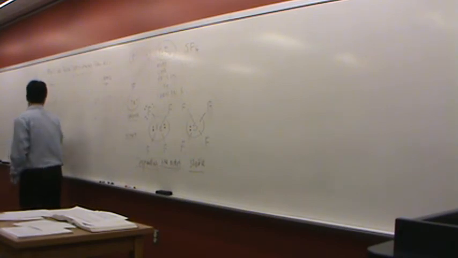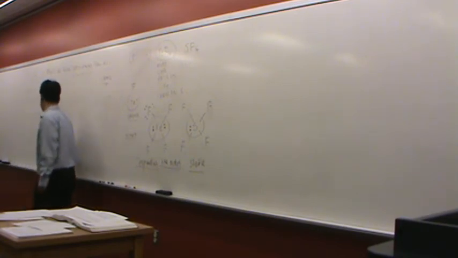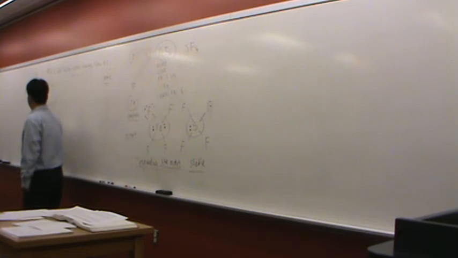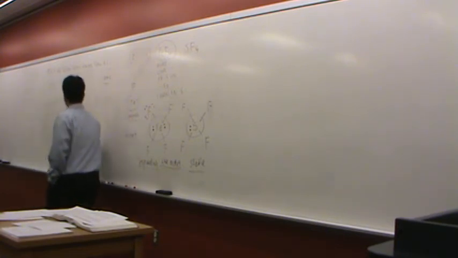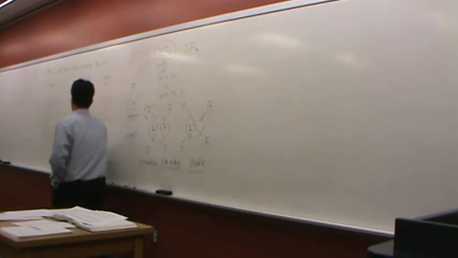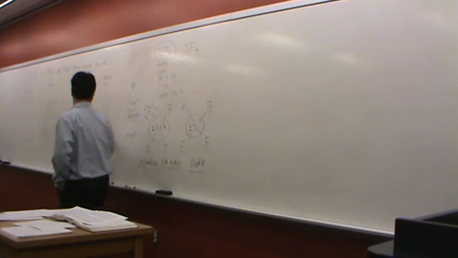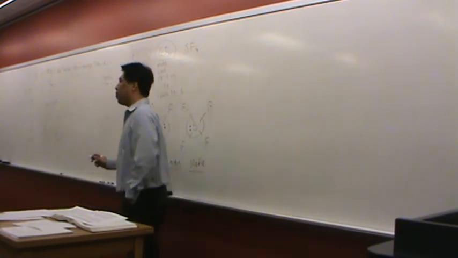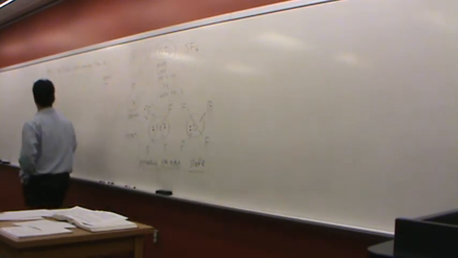But the force depends on the product of the charges. So you have 2 times 2, which is 4, and here you have 1 times 1, which is still 1. So 4 is a lot bigger than 1. So that's why the force is greater here.